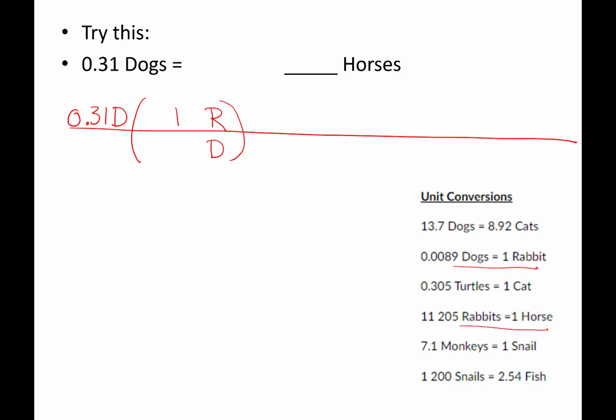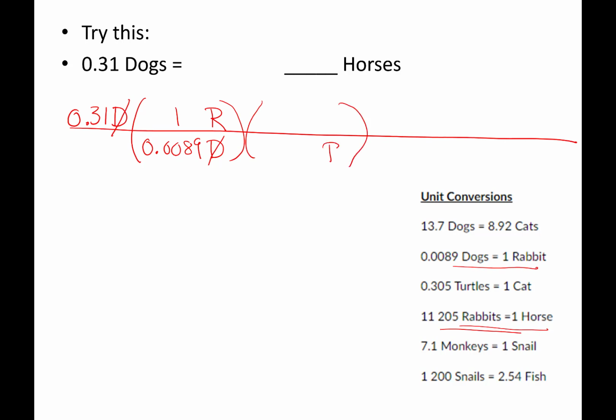One rabbit is 0.0089 dogs. Now, you might think I'm a little bit evil, but honestly, folks, people do better on the conversion quiz doing it this way because they concentrate on the process and they don't mix things up because they know them too well. Now I'm going to go from rabbits to horses, get rid of rabbits.